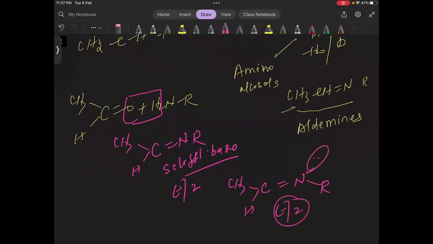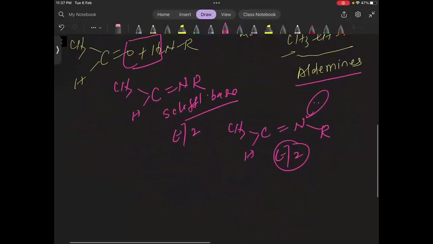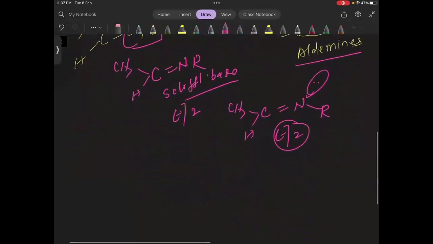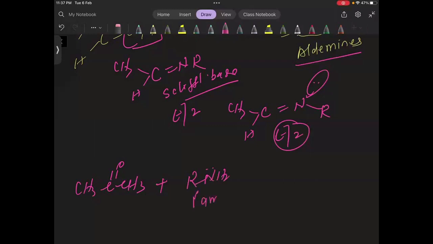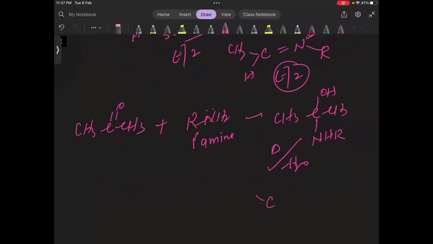Since the aldehyde reacted with the 1 degree amine, it gives aldimines. When we take a ketone, let's understand with that example. CH3COCH3 reacts with RNH2, a 1 degree amine, and it will form CH3C(OH)(CH3)NHR, an amino alcohol. When this amino alcohol is heated, H2O is lost and CH3C(CH3)=NR will form.